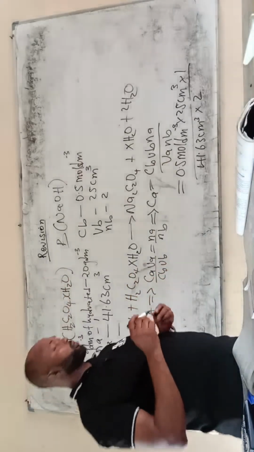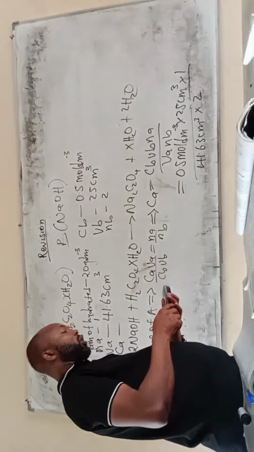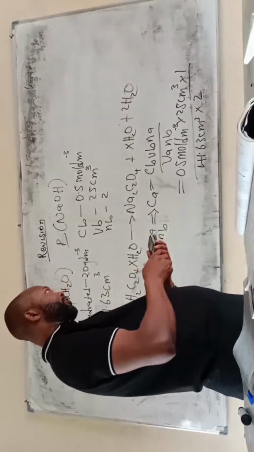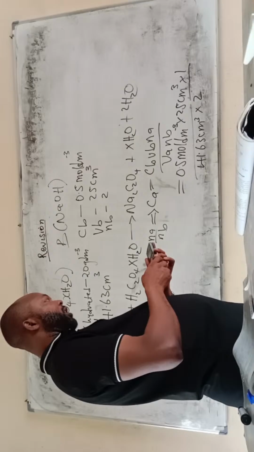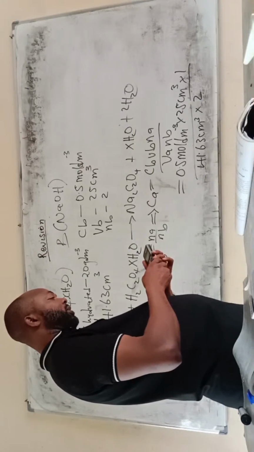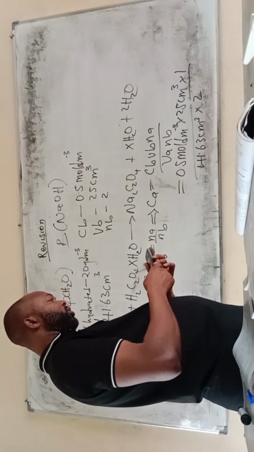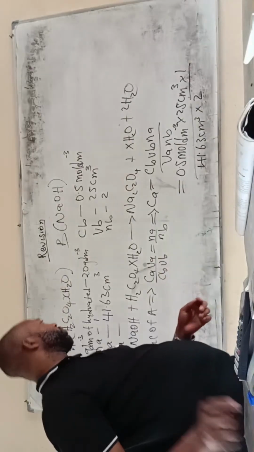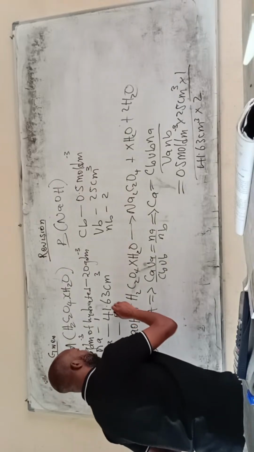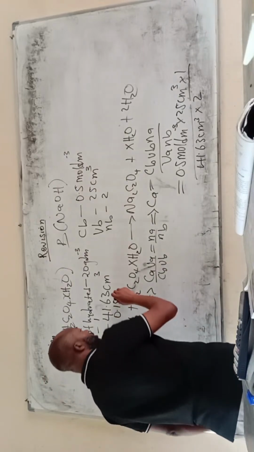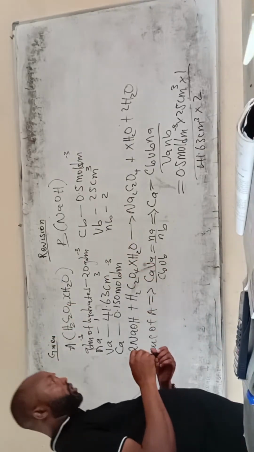So let's see what we're going to get through our calculator. I have 0.5 times 25 divided by 41.63 divided by 2, which is 0.150. So we say the concentration of the acid is 0.150 mole per dm cube. So that is it.